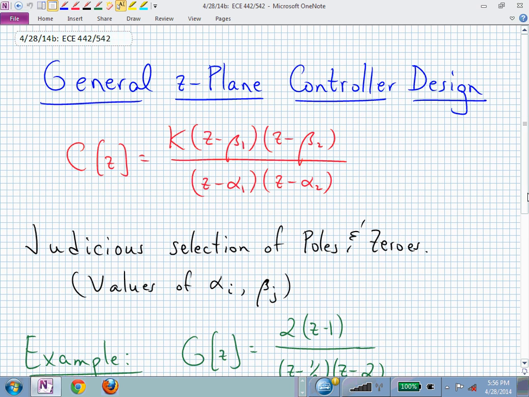Let's now talk about the general Z-plane controller design. In this case, we are sprinkling both zeros and poles. With the PID controller, our poles were fixed at z equal 1 and at the origin. Now we're saying let's be a little bit more general and allow all of the poles and zeros to be adjustable.